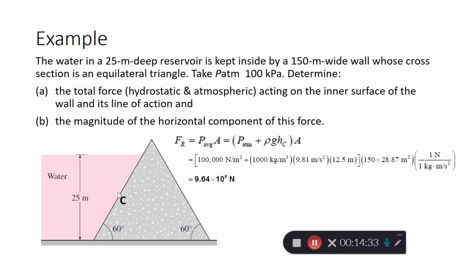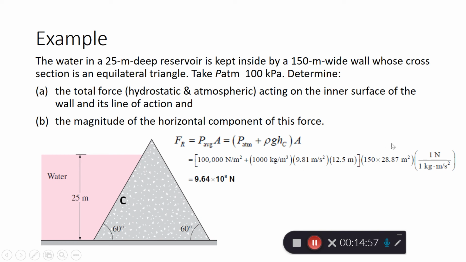The reason is this 12.5 is referring to the hydrostatic pressure. You can't take the YC because we know that the pressure is measured vertically. Remember, in all the manometer examples that you've done, pressure is measured vertically. So it has to be H.